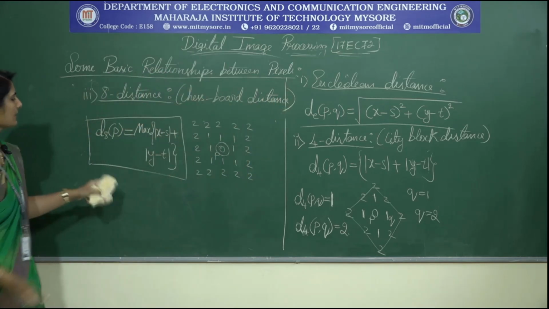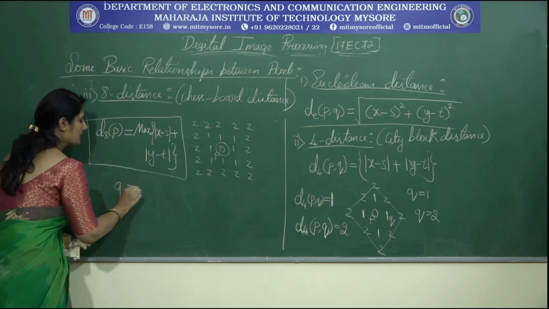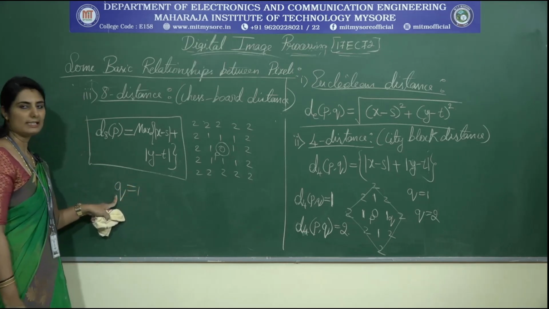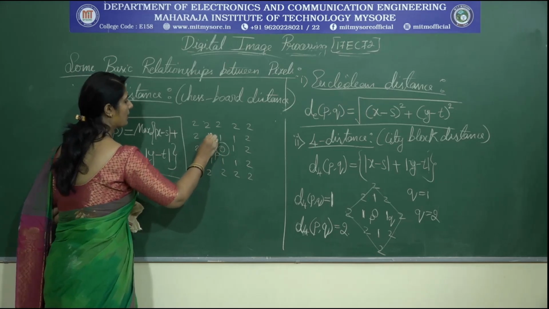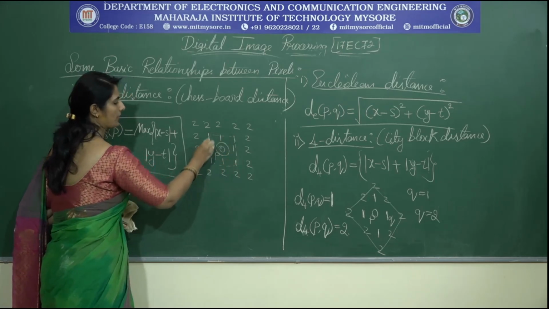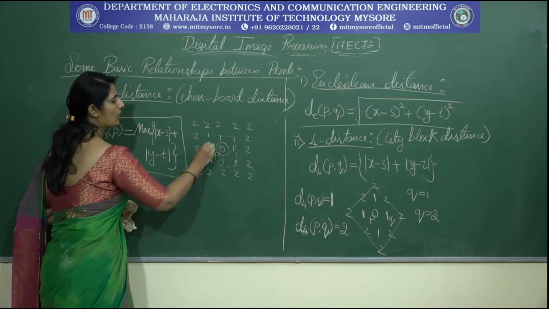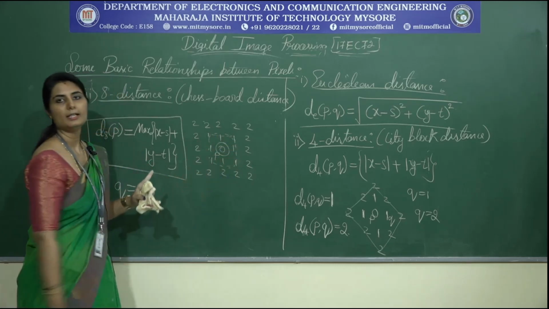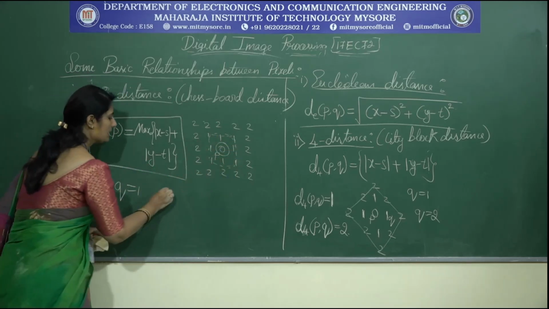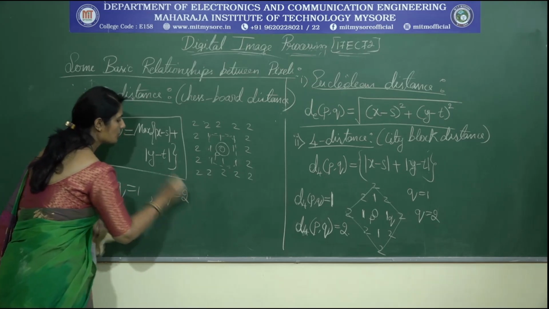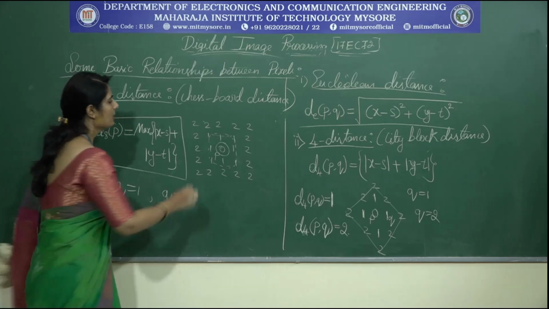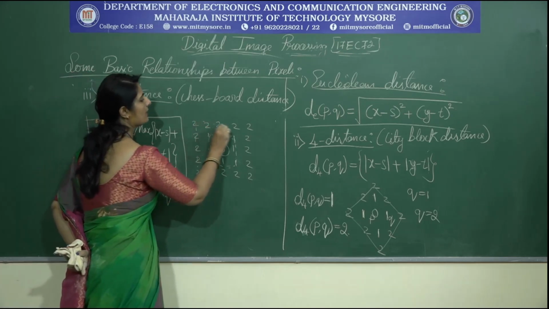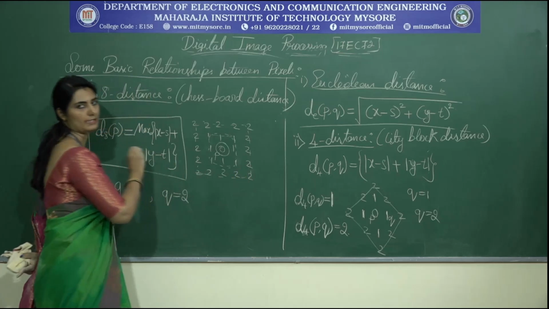So here, if the distance of Q is equal to 1, this means that Q lies within the 8 neighbors of P. That means Q must be one among these particular pixels. If the distance of Q is equal to 2 from P, then it means that Q must be one among these pixels.